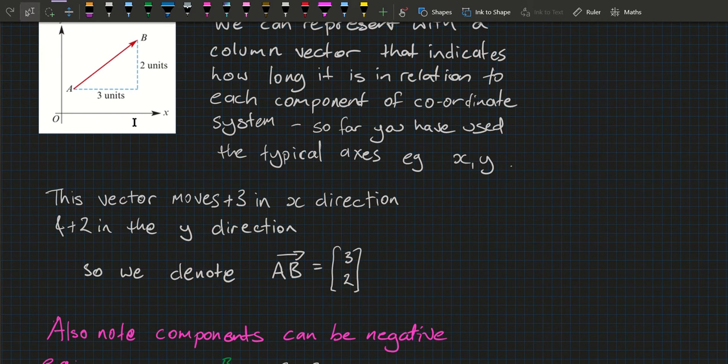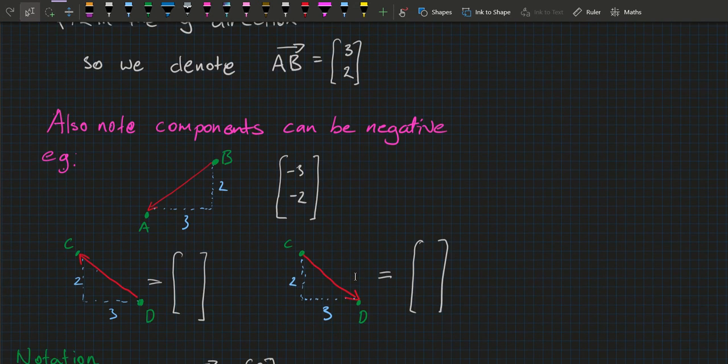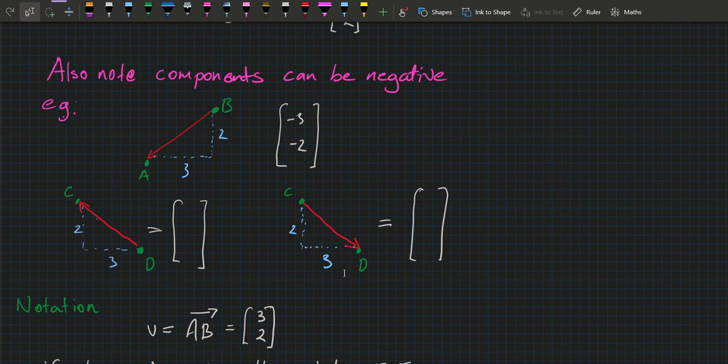So for that one up there, we can say AB and put an arrow above it to say it's that vector, but also you could just call it (3, 2). It's also worth noting that components can be negative.